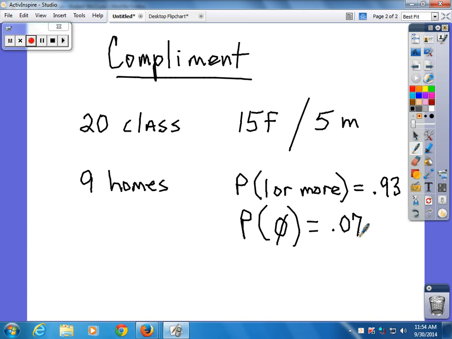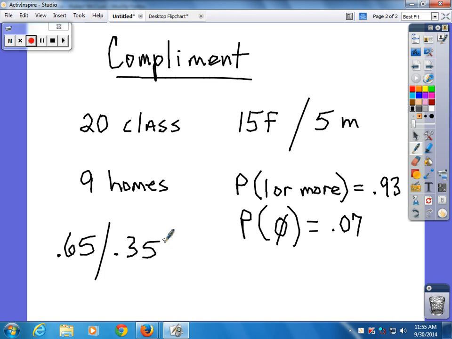In other words, what's 93 cents and 7 cents? $1. Now here, the probability is the complement. Here, the subset or the sample set is the complement. It all depends on what they're asking. The complement of 65 cents to $1 is what? 35 cents.